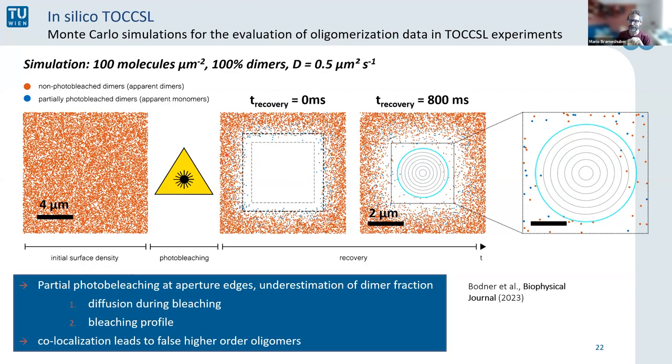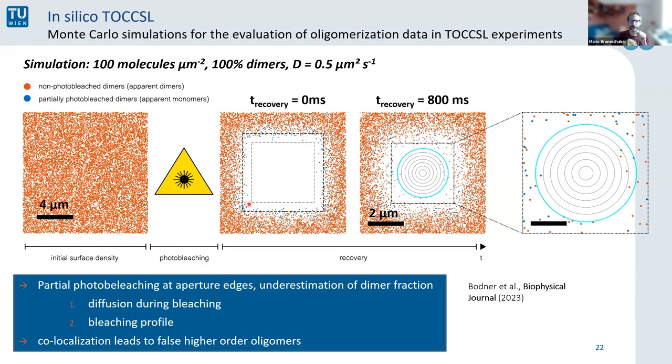The second reason for the appearance of these blue dots, these partially photobleached dimers, is the bleaching profile, because the bleaching profile is also not perfect. We try to restrict the field of view by using an aperture, but the aperture edges are not perfectly sharp. We also have diffraction at the aperture edges, so we have a certain intensity decay at the edge, symbolized here by this gray and black shaded line.